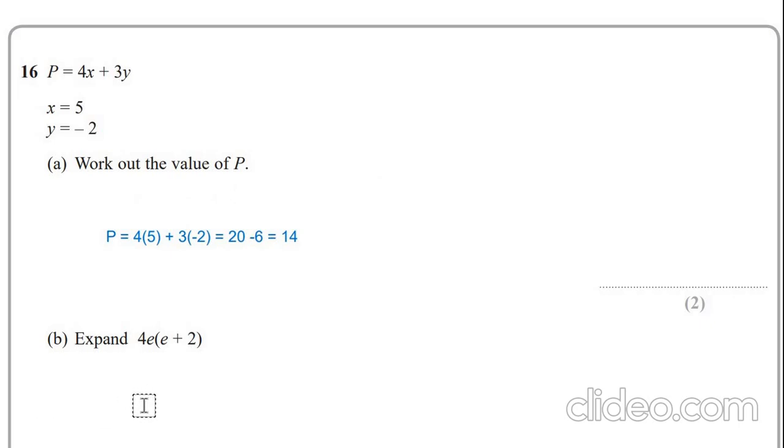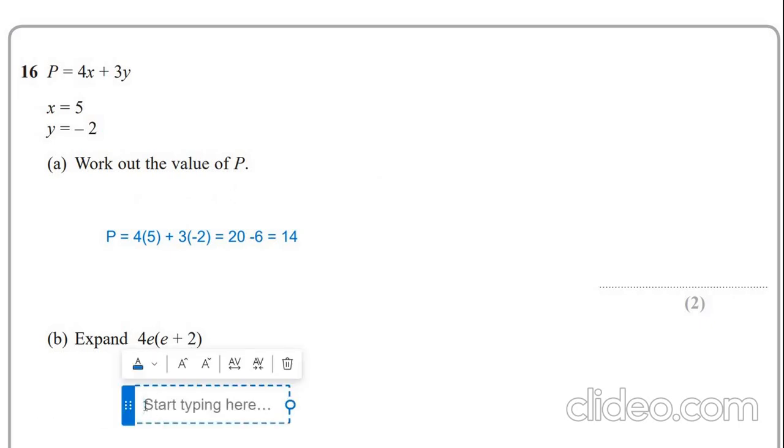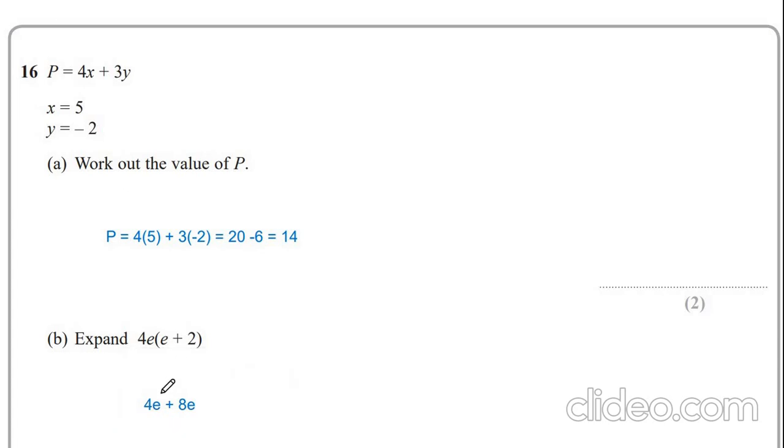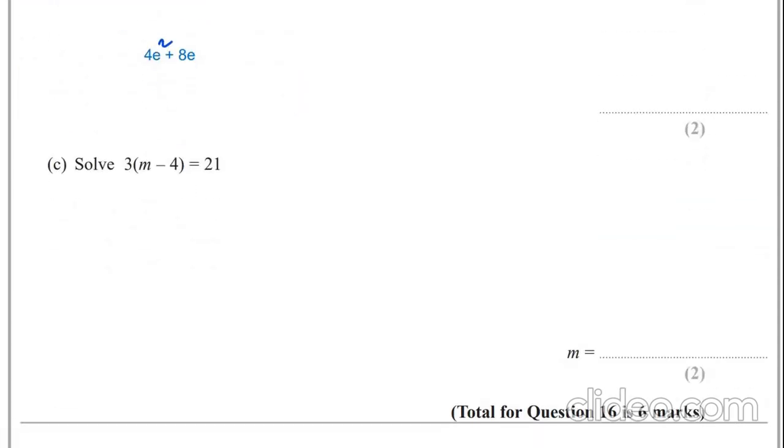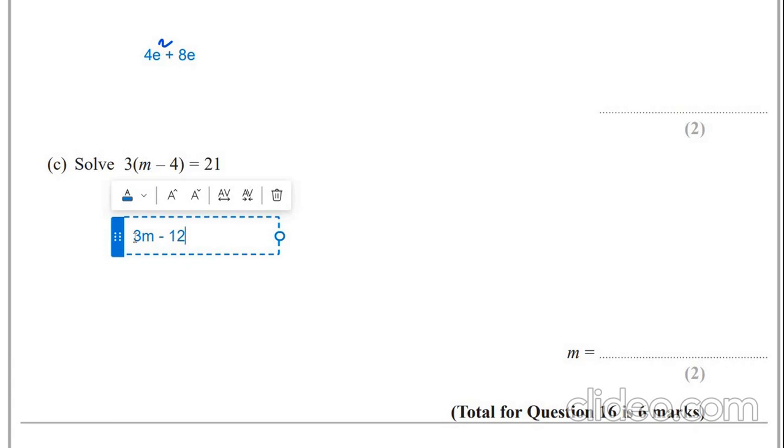Next, expand. So if we distribute, multiply throughout, that's going to be 4e squared plus 8e. And to solve this, multiply first. 3m minus 12 is 21.